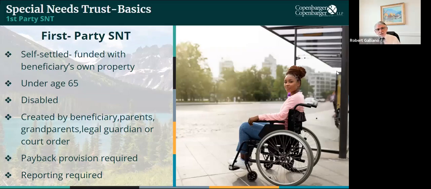Now, here's the problem with first party trust. There is a payback provision.